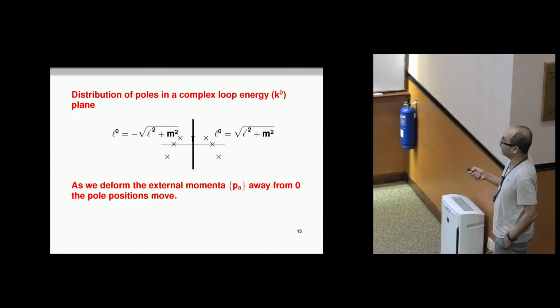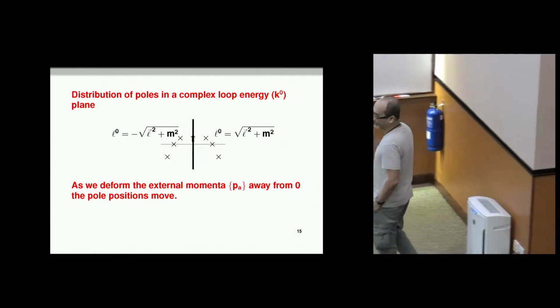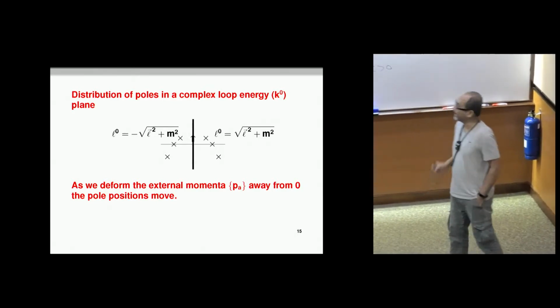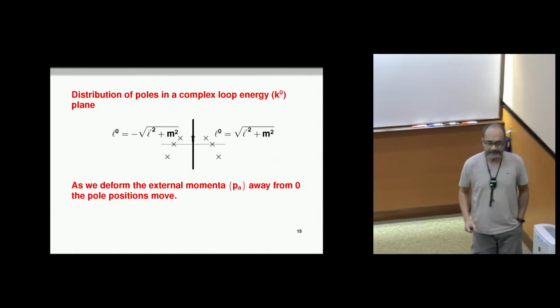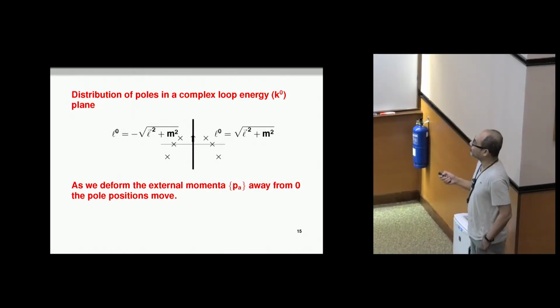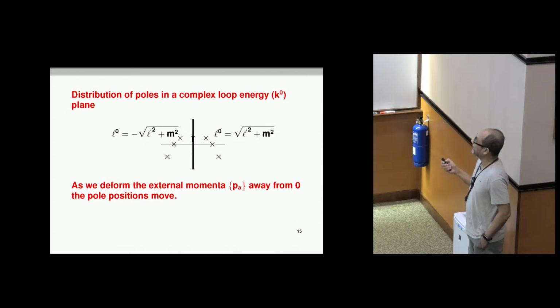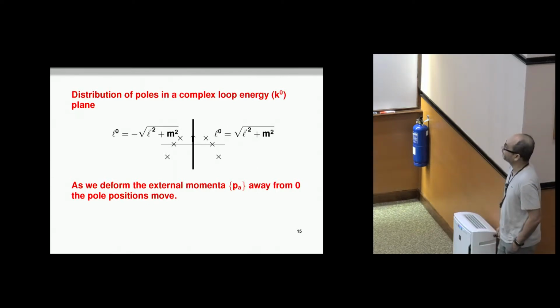The notation we will be using is that L's describe the momenta carried by individual propagators, and K will be the independent loop momentum integration, so L's are given by linear combinations of the K's. The poles will be distributed symmetrically in the L plane, and in the K0 plane they will also be shifted vertically, because they will be shifted by other loop momenta entering the various propagators. We will see some examples of this later.